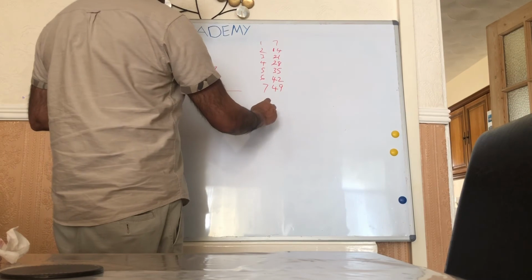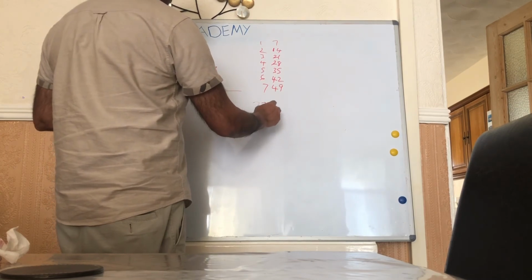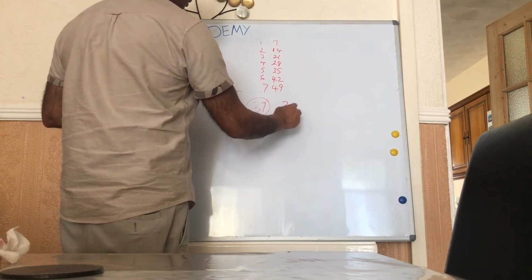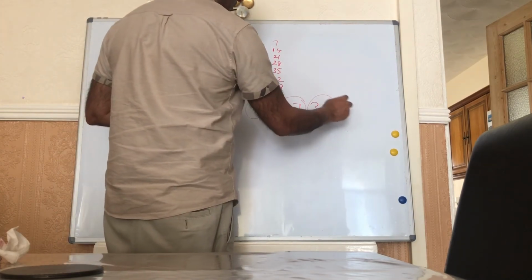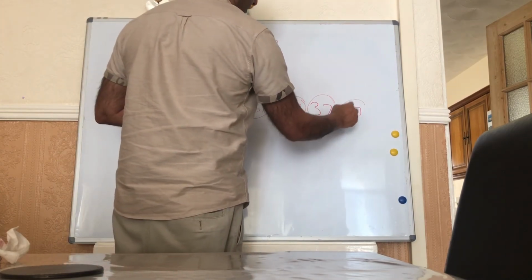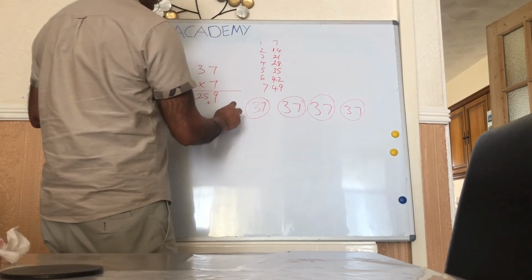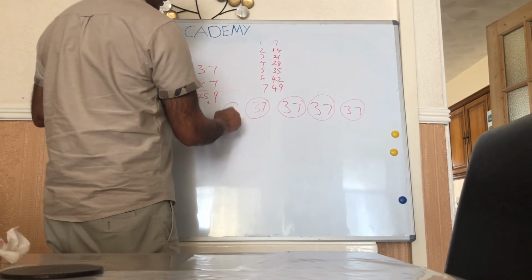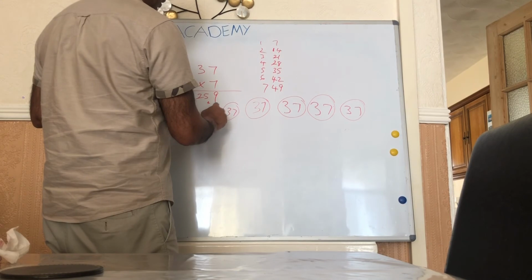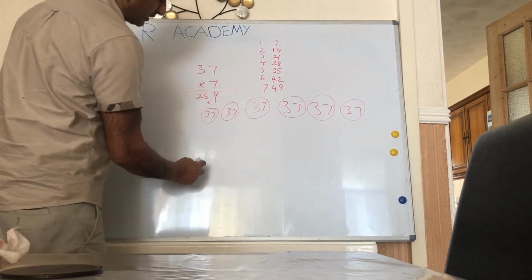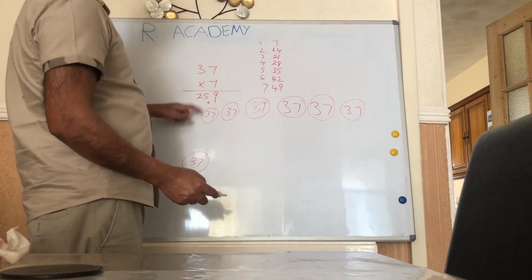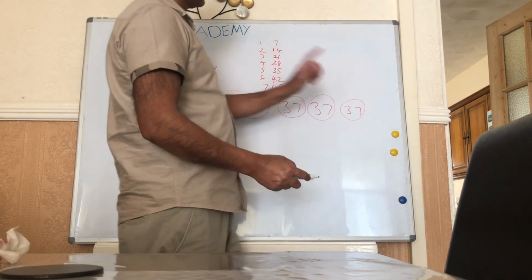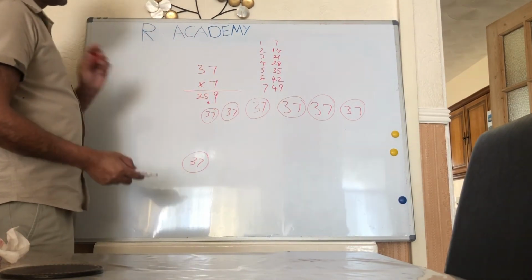So we'll do 37, 37, 37, 37, and 37 here, and a 37 here. So we'll keep 1 down here. So altogether, you've got 1, 2, 3, 4, 5, 6, 7 37s.